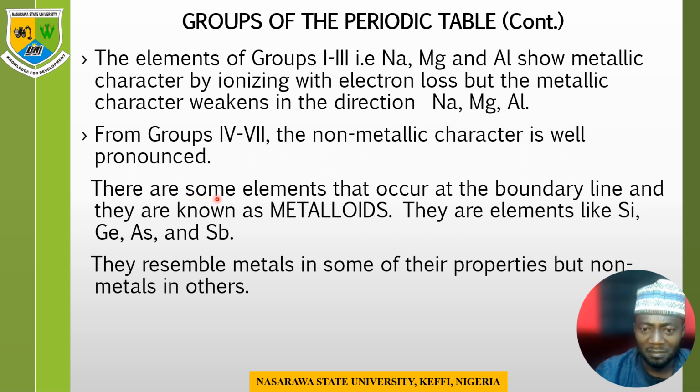There are some elements that occur at the boundary line, and they are known as metalloids. Particularly silicon, arsenic, and antimony. They are called metalloids because they exhibit properties partially of a metal and that of what? Partially of a non-metal. They have dual attributes of that of metals and that of non-metals.